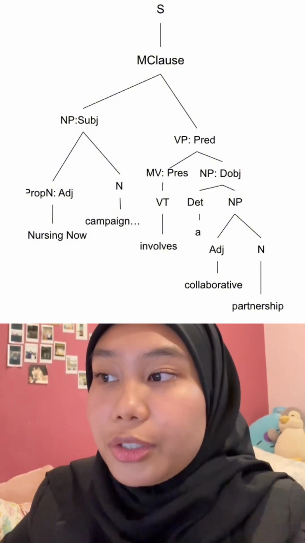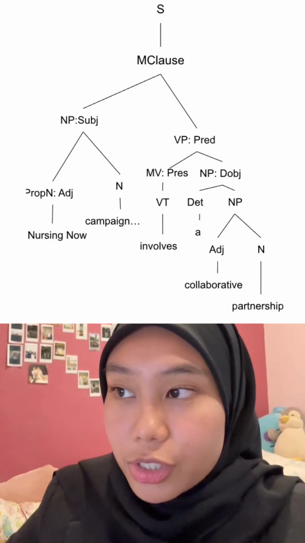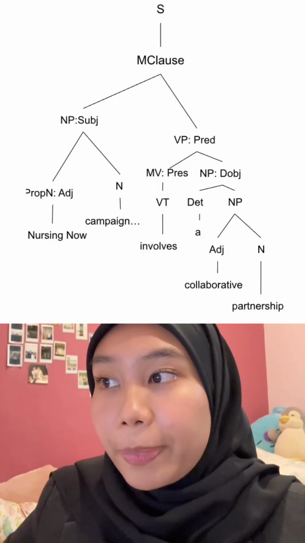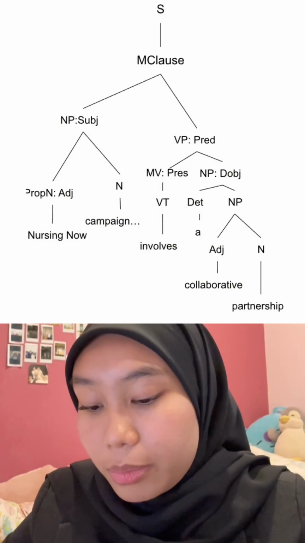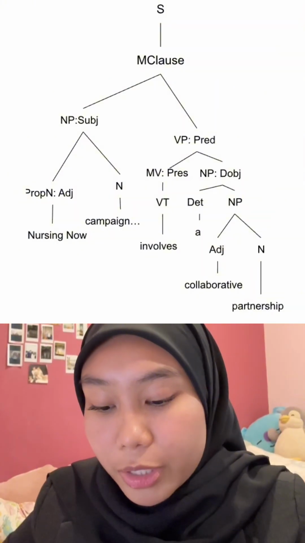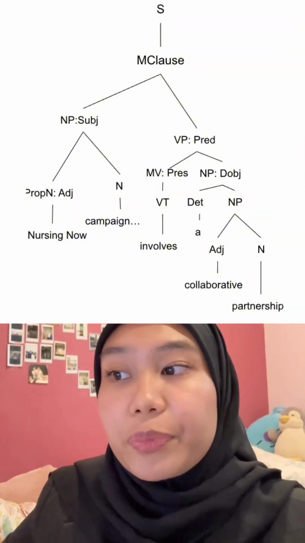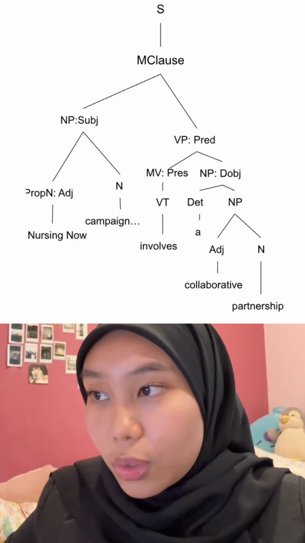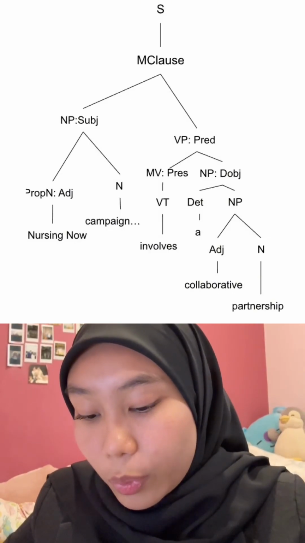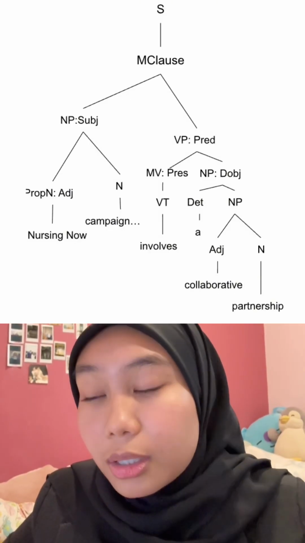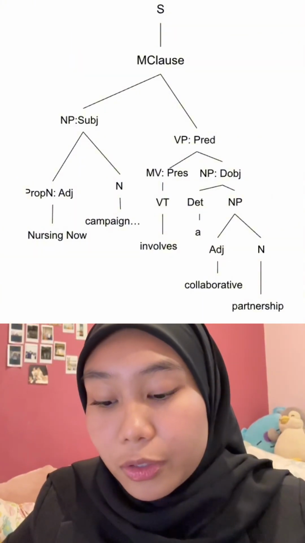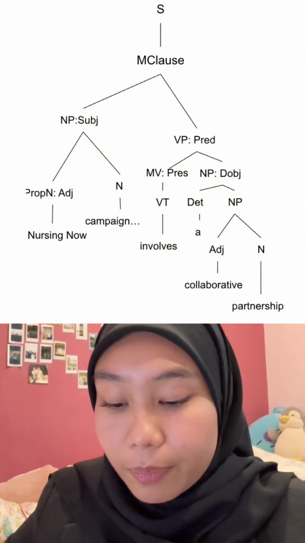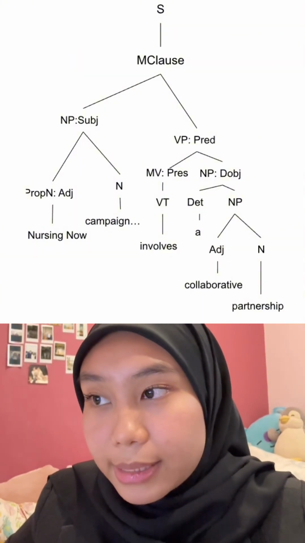Then under the second branch of the verb phrase predicate, it is going to be noun phrase direct object, because a collaborative partnership is the direct object of the sentence. So we put determiner, and then a, and then another branch beside determiner, which is noun phrase.